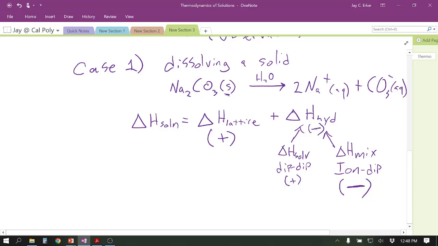The reason we do this is because it gives us two terms to talk about instead of three terms to talk about, and it makes it a little bit easier to do the processing.